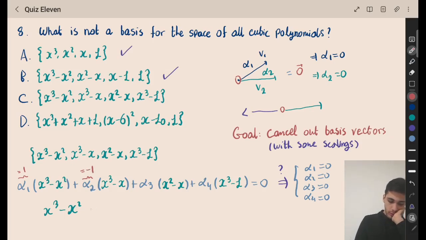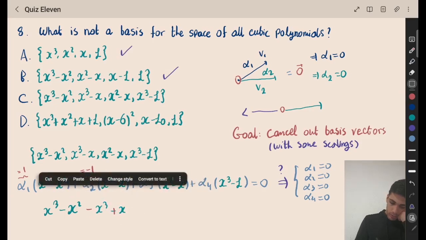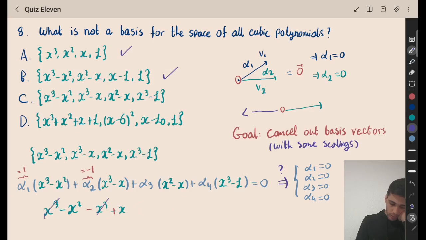Then I get x cubed minus x. I'll distribute this, I get minus x cubed plus x. So they do cancel out. Now I have minus x squared plus x.